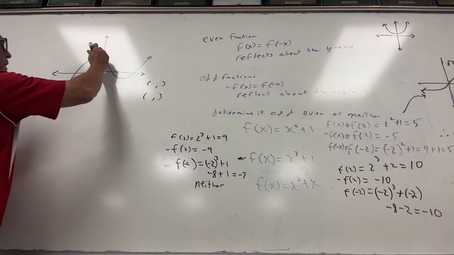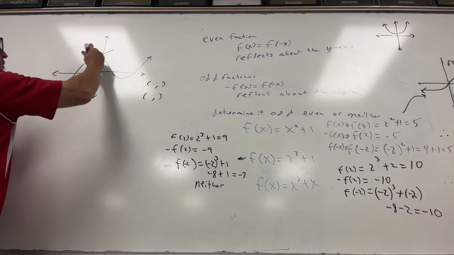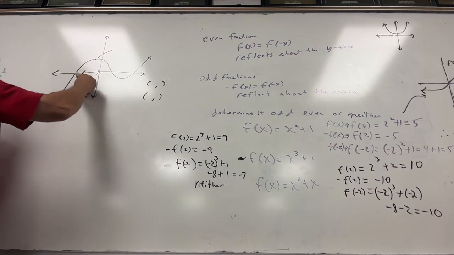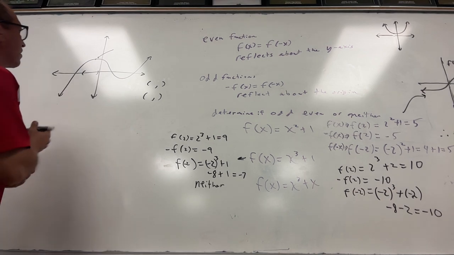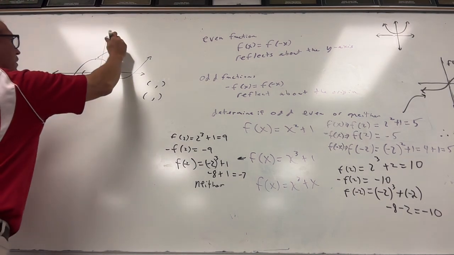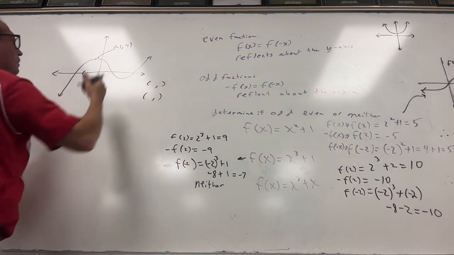So this point, I could create an open interval in which this point is the highest point. See, I could go from here to here. So let's say that this is the point negative 1, 4, okay?